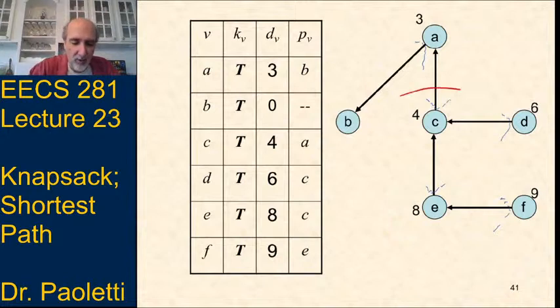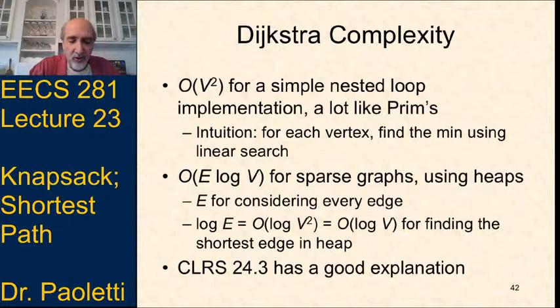Oops, let me draw with my finger. Okay, so Dijkstra's complexity. Dijkstra's algorithm is O of V squared if we do a nested loop implementation, and it's a lot like Prim's. The only difference between Dijkstra and Prim is how you calculate the updated distance for a neighbor. In Prim's, it's always the cost of a new edge.